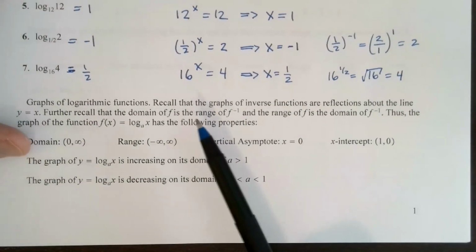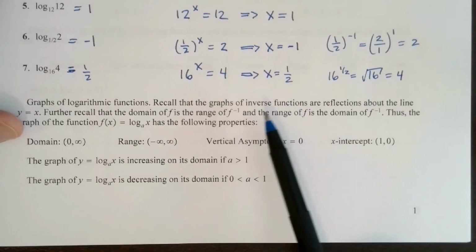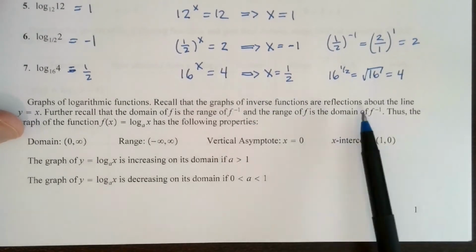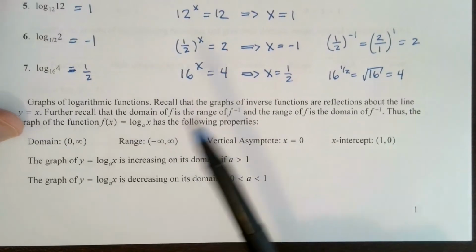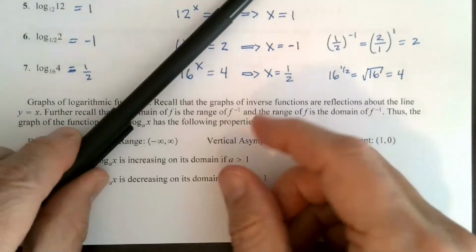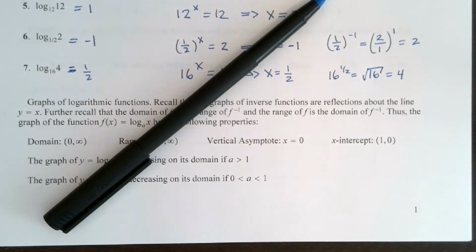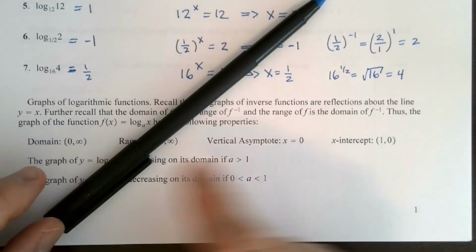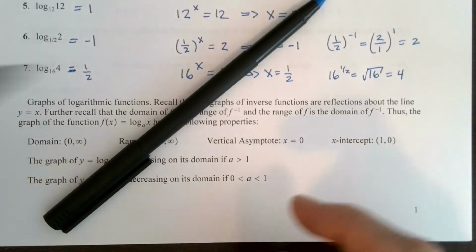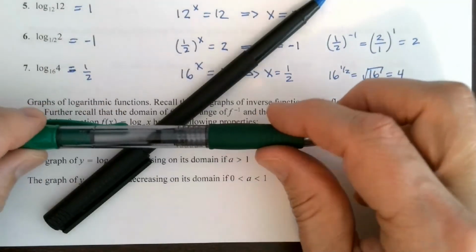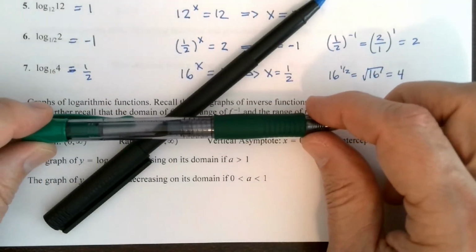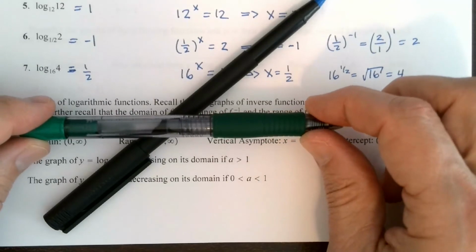Now, here's what's interesting. Because the graphs of inverse functions are reflections about the line y equals x, right? The line y equals x is sort of a line of slope 1, sort of a 45-degree angle with the x-axis. And if I do a reflection about that, and I have the exponential functions, remember, had horizontal asymptotes.